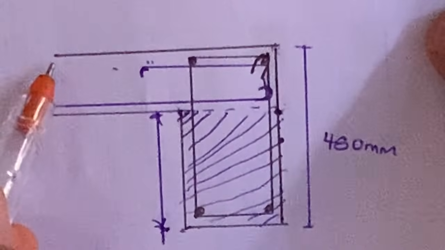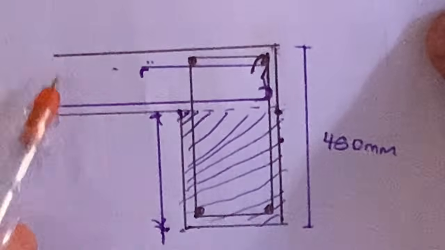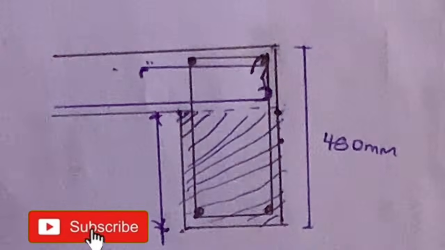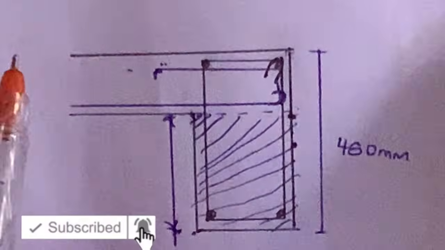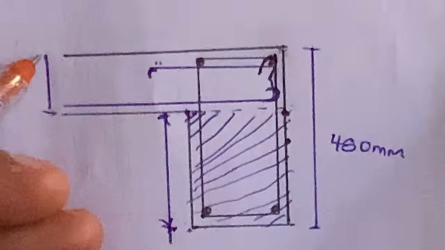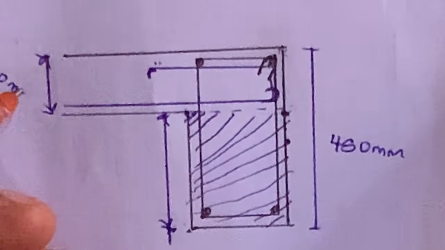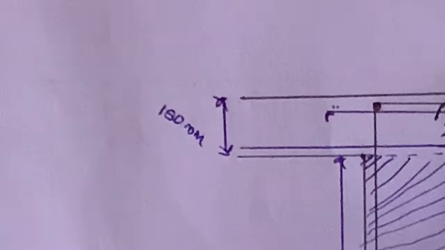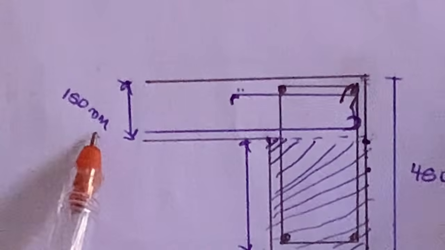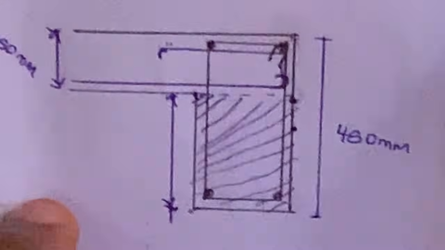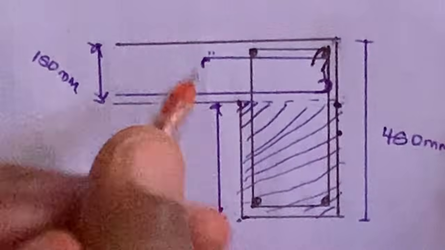Now you know that the thickness of your suspended floor is usually 150 mm. So let's just put it here, 150 mm. Now what will be the dimension for A?